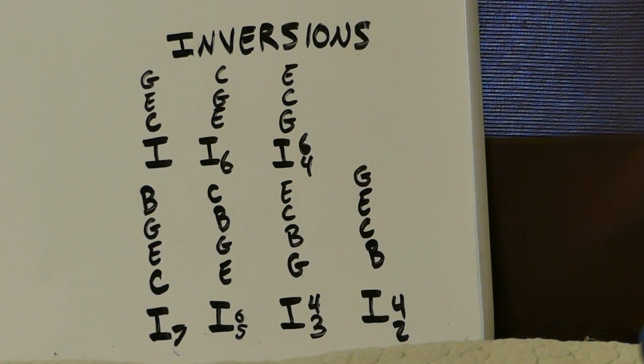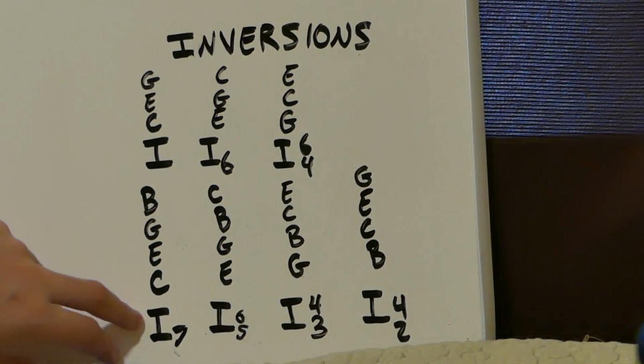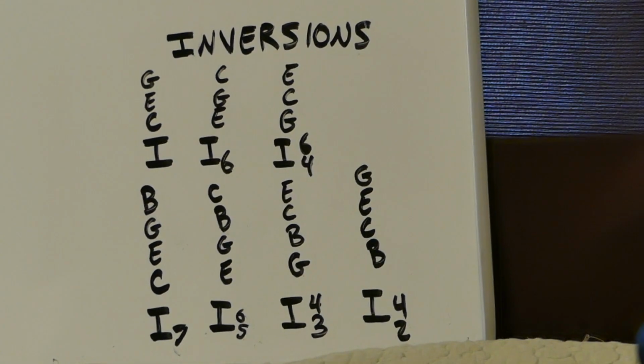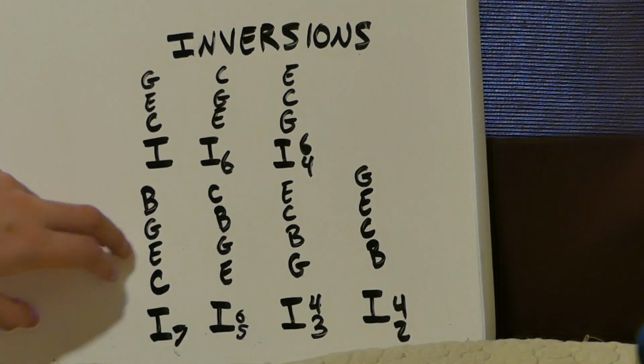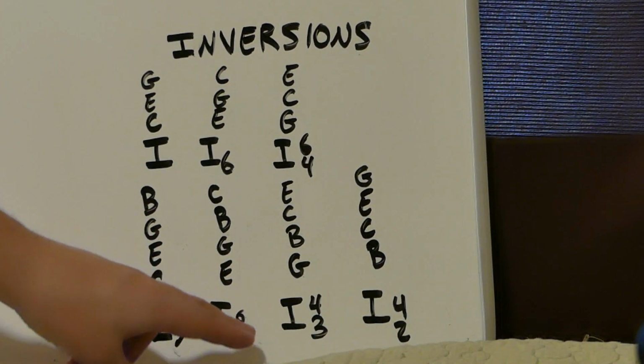Similarly, if we're talking about inversions for our seventh chords, we have our I7, so C, E, G, B. And if we make it so that E is our bottom, it is a 6, 5.